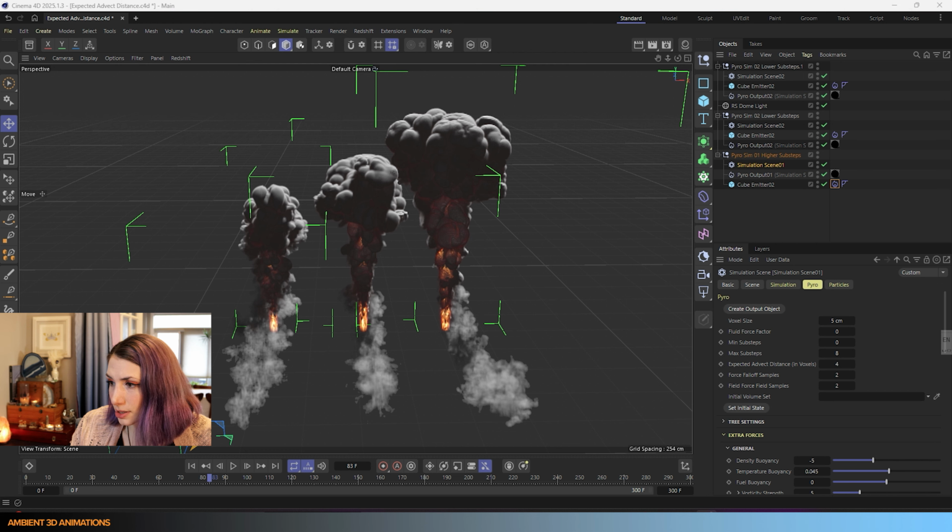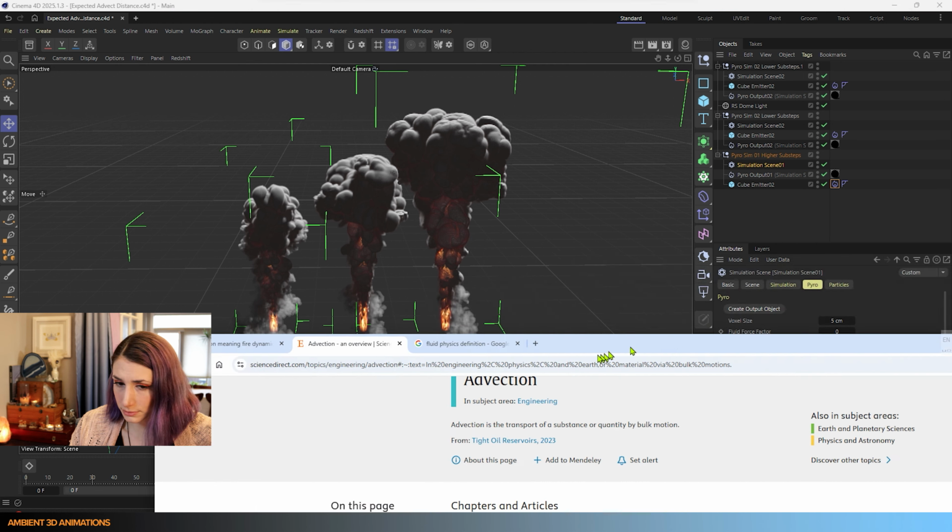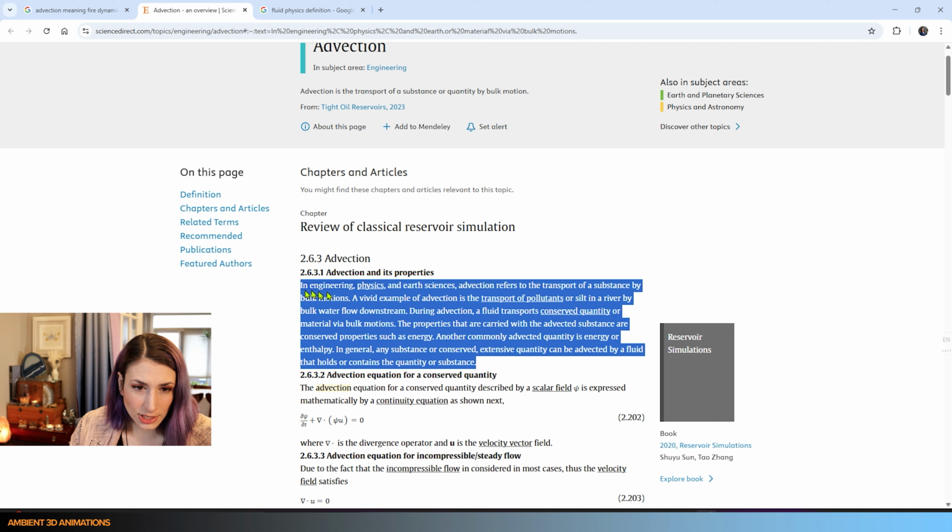So I also pulled up that definition. And here it says, in engineering, physics, and earth sciences, advection refers to the transport of a substance by bulk motions. A vivid example of advection is the transport of pollutants or silt in a river by bulk water flow downstream.